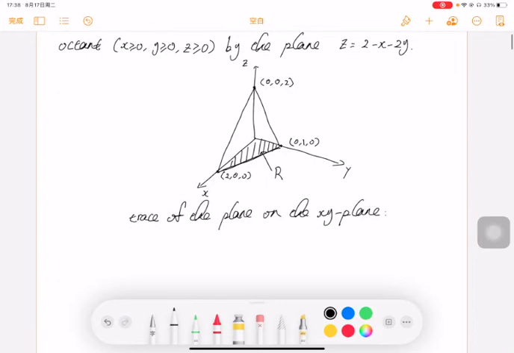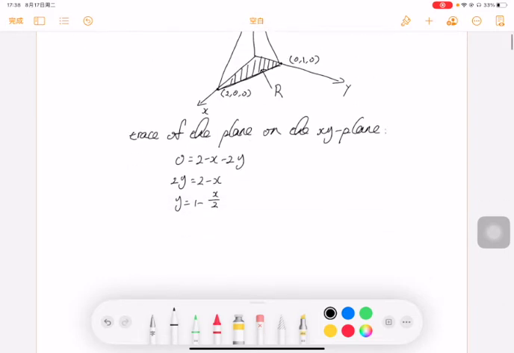So you get 0 equals 2 minus x minus 2y. Therefore, 2y equals 2 minus x, and y equals 1 minus x over 2. So this is the equation for this straight line.